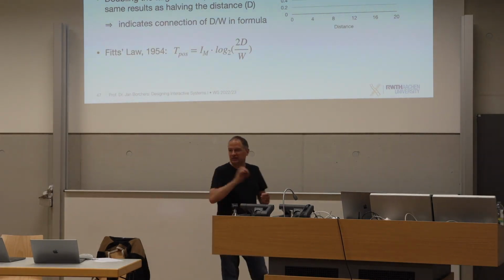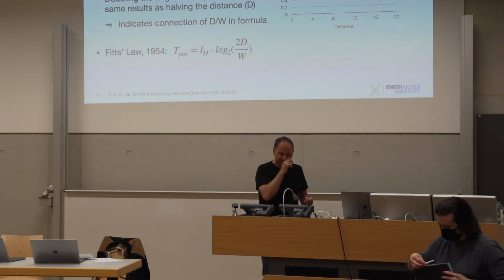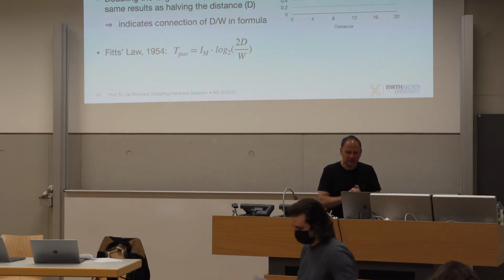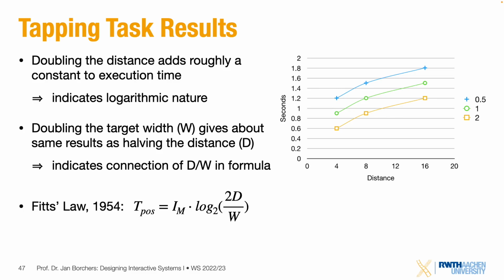So he measured the timing between these things, and what he found, interestingly, was that as we double the distance, yes, the time increases, but it increases by a constant amount, and that's a logarithmic nature, right?